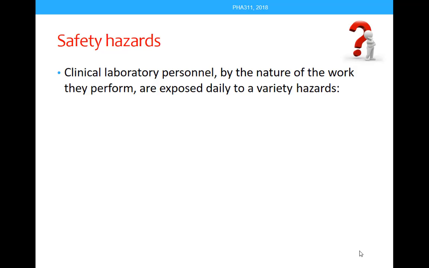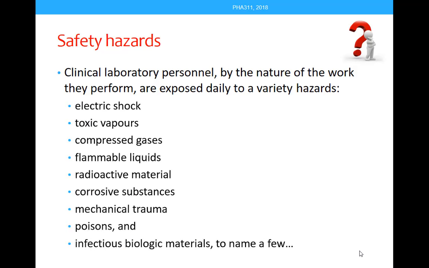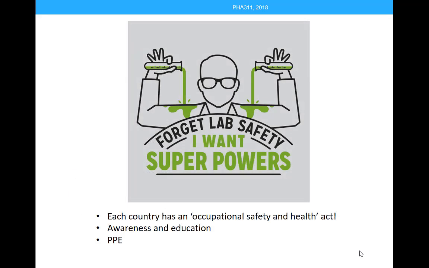So there are a lot of hazards in a typical lab. This is just to list a few. If you look at the various checks and balances which are in place, most countries have an Occupational Safety and Health Act.